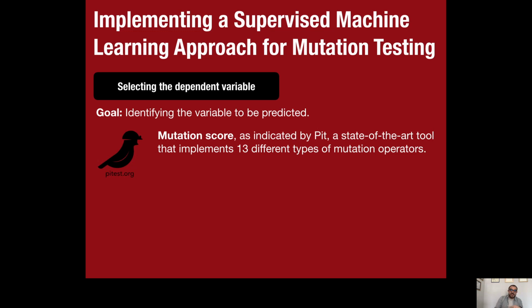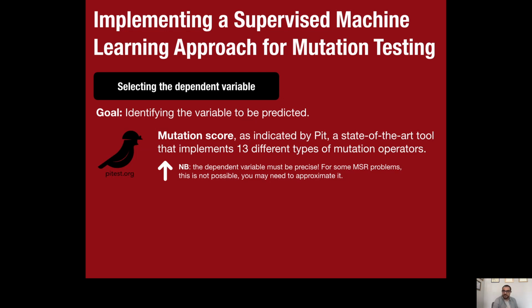It is important to note, and this is one of the recommendations to take into account when developing a machine learning model, that the dependent variable must be precise, must be valid, must represent an oracle for the machine learning model. Unfortunately, for some problems in the mining software repository field, this is not always possible.